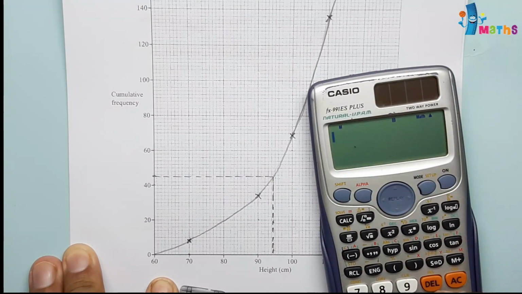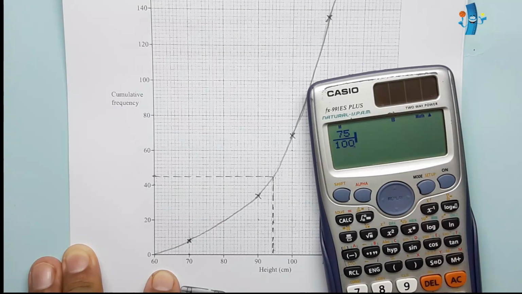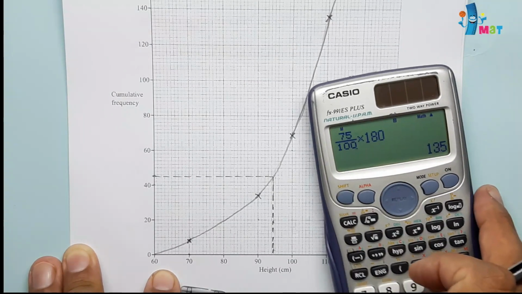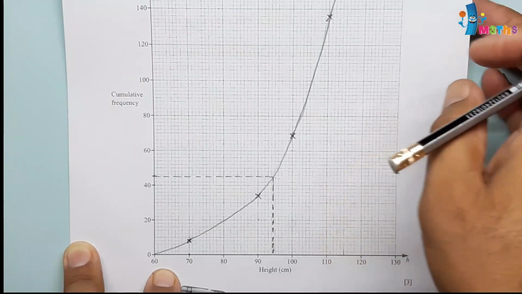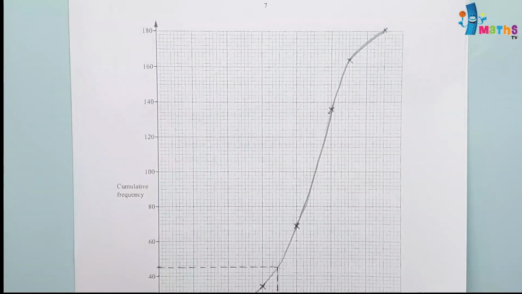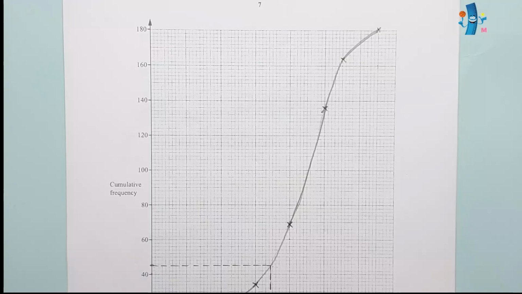Now we will do the 75th percentile. So 75 divided by 100 times 180. So this will be equal to 135. So now we will have to draw. I will reach 135 first.